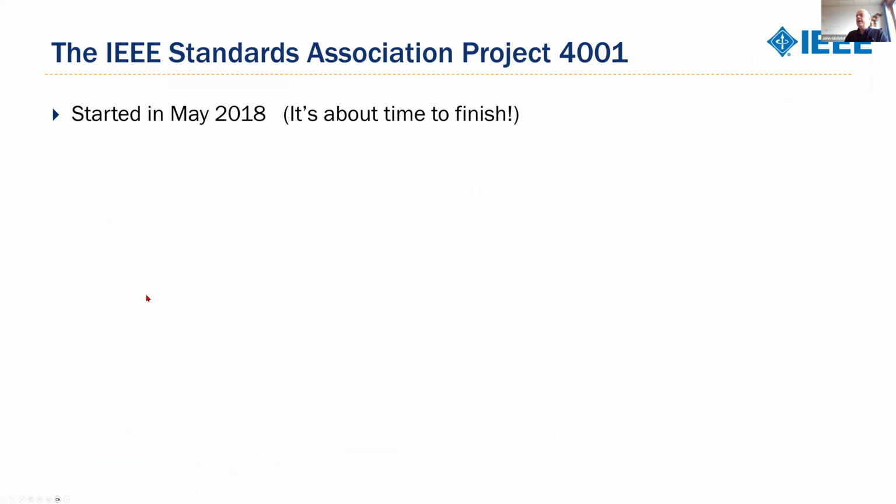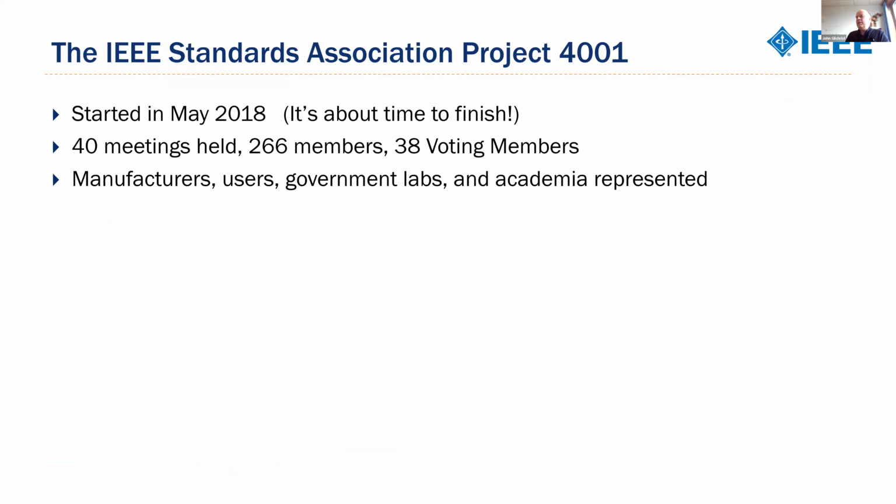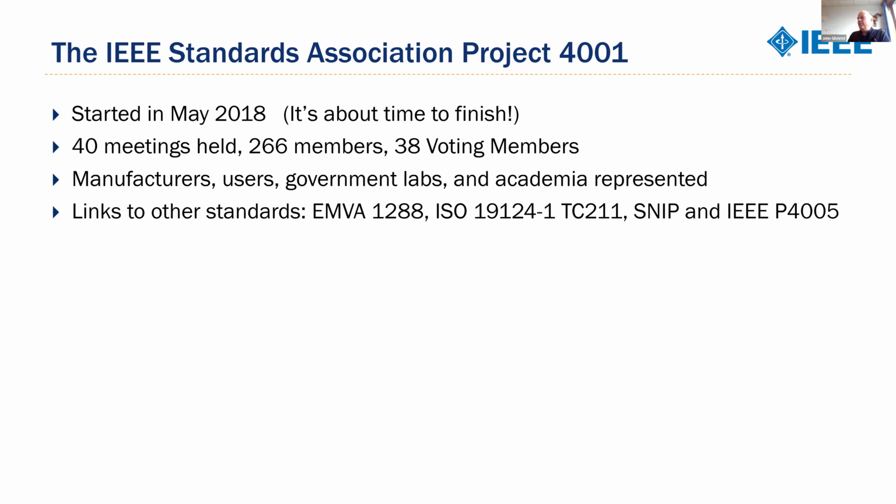Long story short, this started all the way back in 2018. We had many, many meetings, many people on our various lists of voting members, or just the general email list. We have been linking up with other standards, notably the EMVA 1288 on characterization of machine vision cameras.